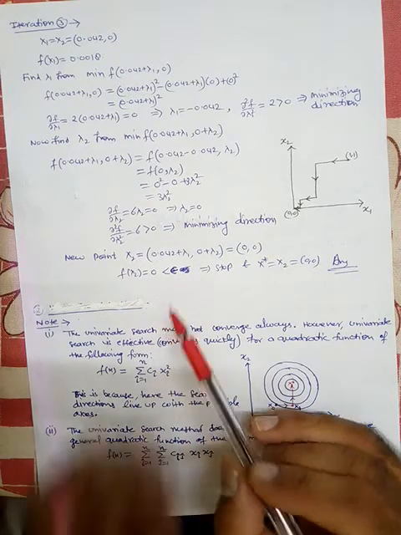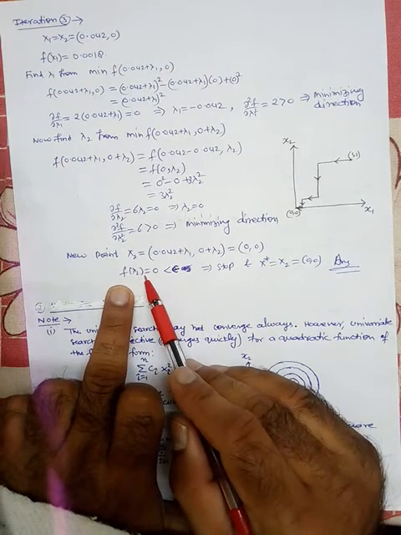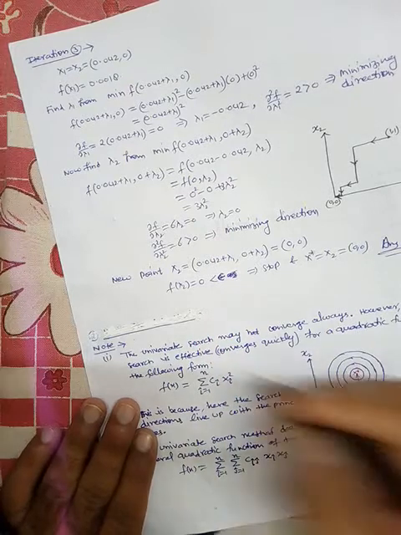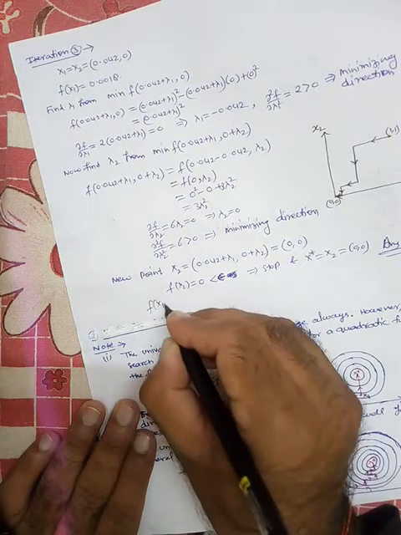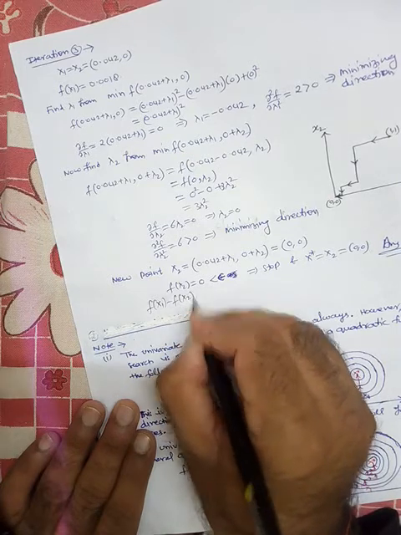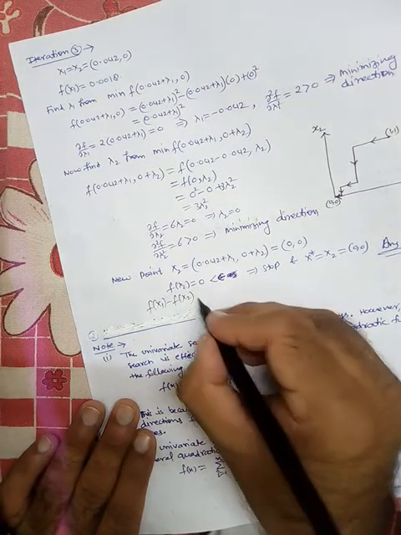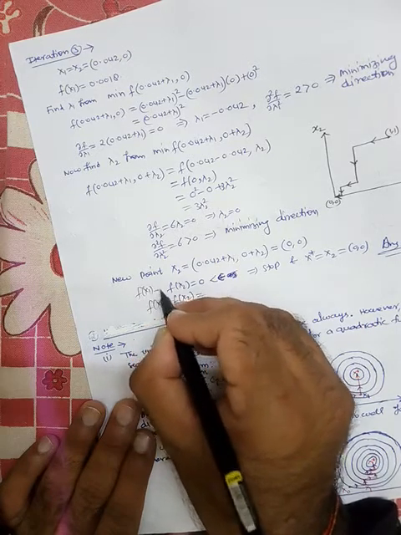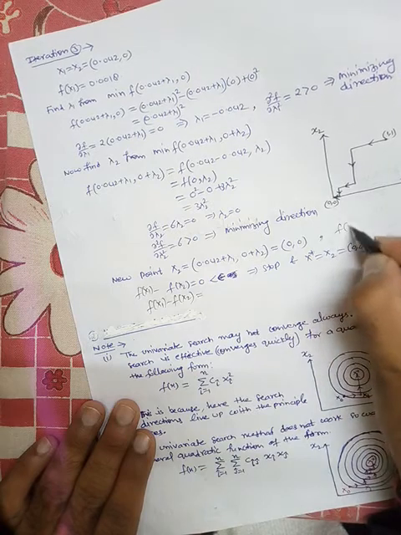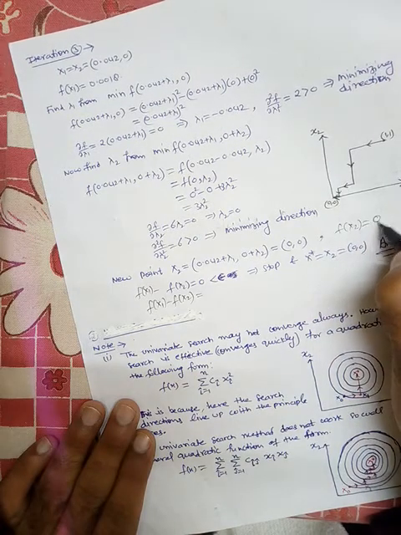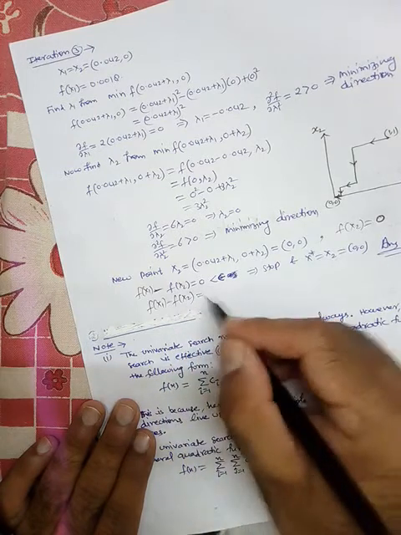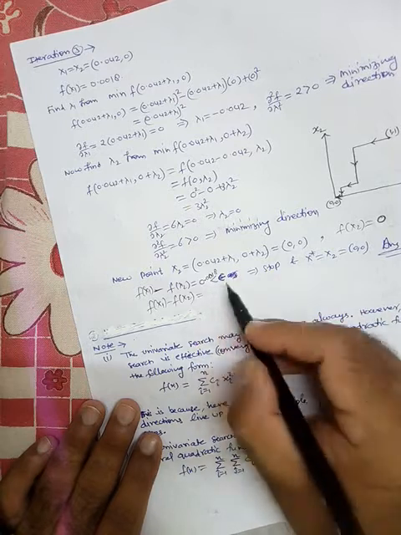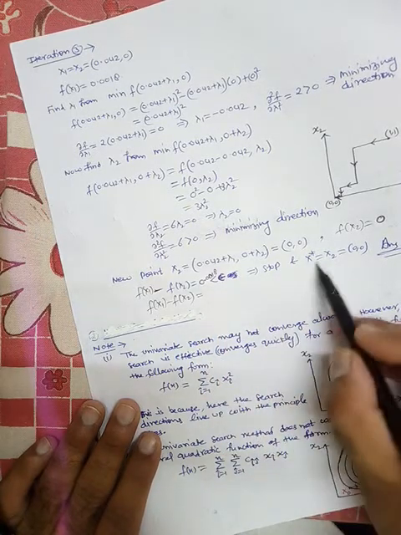So f at x2 is 0, which is obviously less than epsilon. So if you compare the difference, f of x1 minus f of x2, what is the value? f of x1 minus f of x2, which is 0, the difference will be 0.0018, which is less than epsilon, and so stop, and x star is this.